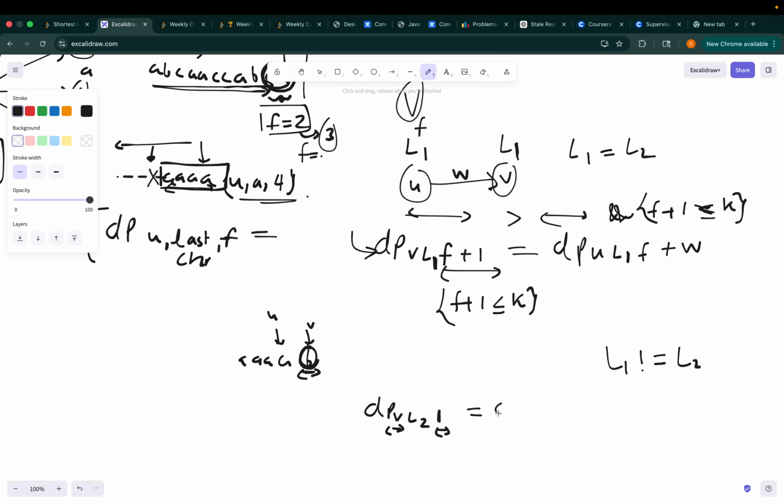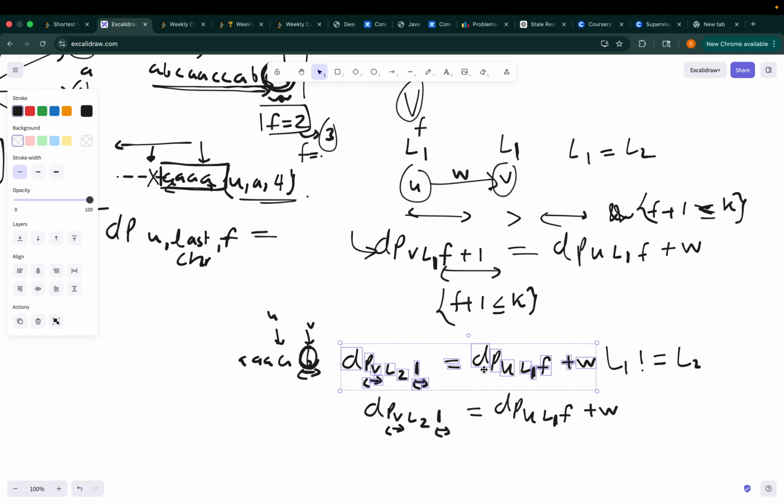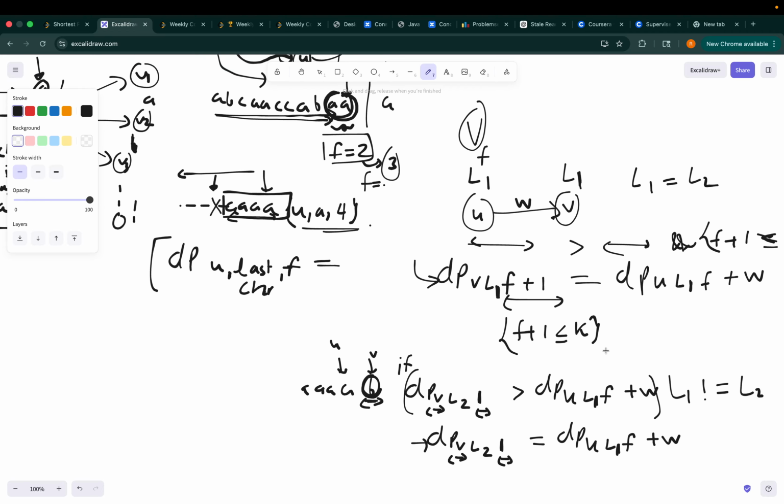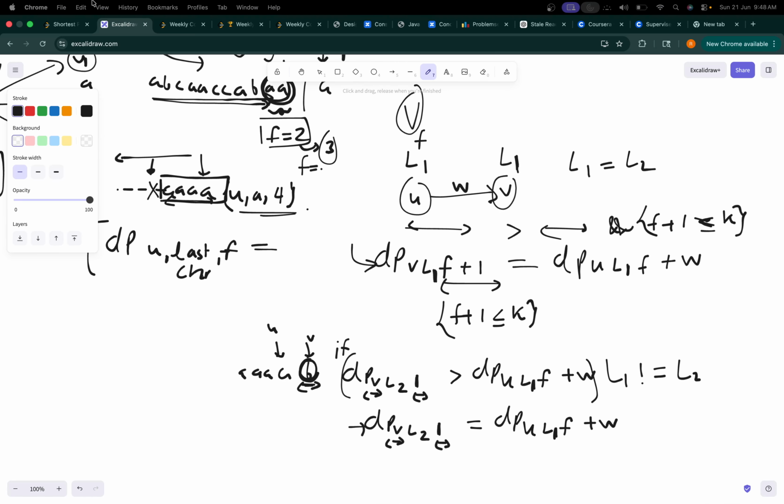So this is equal to dp of u, L1, f, plus w, obviously with the condition that this guy is greater than this guy. Only if this is happening, only then do this. Okay, so these are the transitions.